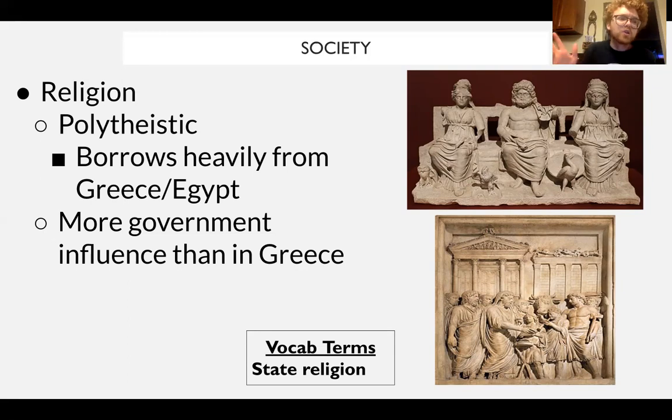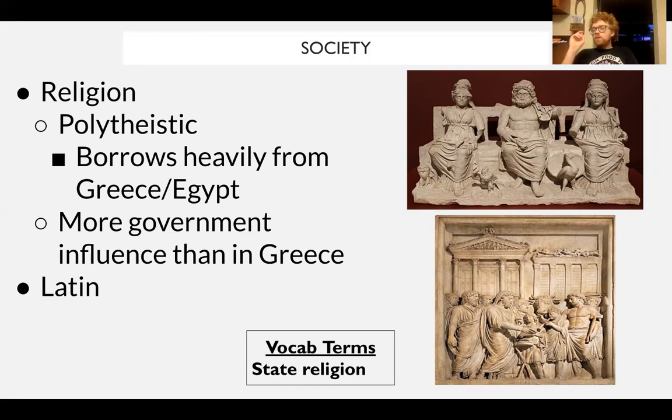We do have special offices in the Roman government explicitly dedicated to religion, to maintaining the temples, for example. So there's a lot more government involvement in the ancient Roman religion. When the emperor becomes a position, the emperor is basically the head of the state religion. So everyone is kind of expected to follow this Roman religion because of how official and institutionalized it is.